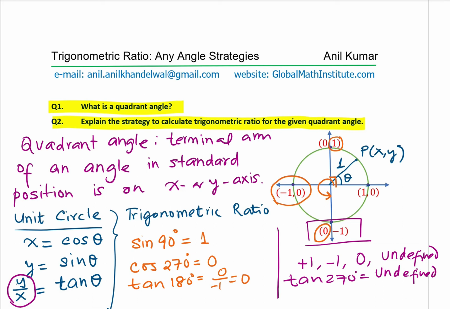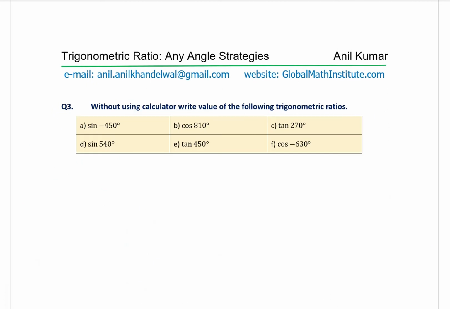Is that clear to you? So very easily from the unit circle points, you can get the answer. Now based on this, let's have a practice exercise. So question number 3 is, without using a calculator, write the value of the following trigonometric ratios. The first one here is sine of minus 450 degrees.